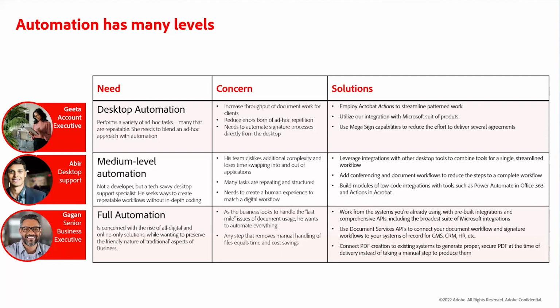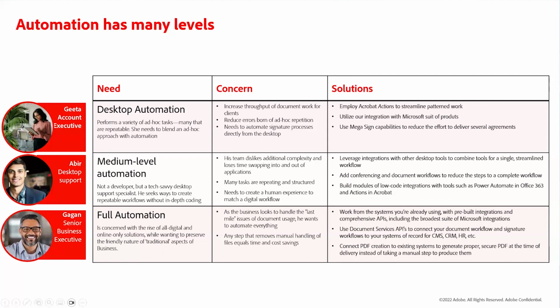How can we help her? Abir is a desktop support person with the IT team, and he is supporting Geeta's team or an HR team or a marketing team, enabling them to manage their documents better.